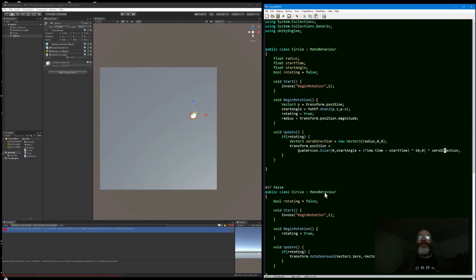So it's transforming 0 direction by this rotation, which is a rotation in the y-axis in degrees, defined as the start angle plus the amount of time since the start multiplied by 60 to get 60 degrees per second. Alright, let's try that and see if that compiles.